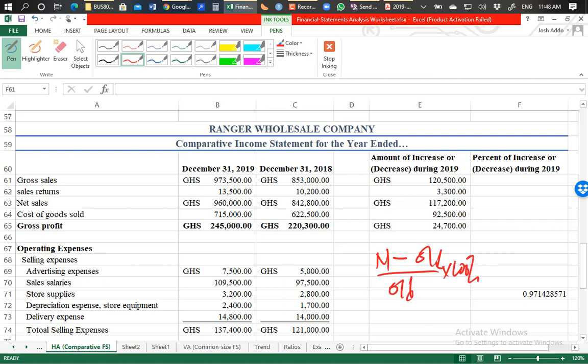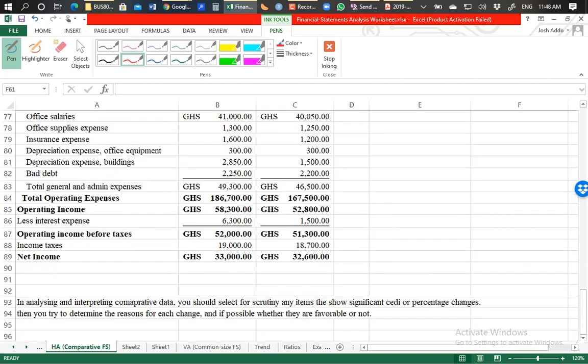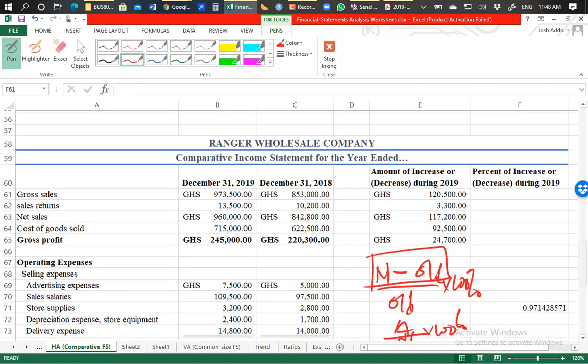This is the full formula. So we have already done the top part, which is the change. In other words, it is change divided by old times 100%. This is the formula for calculating percentage change.